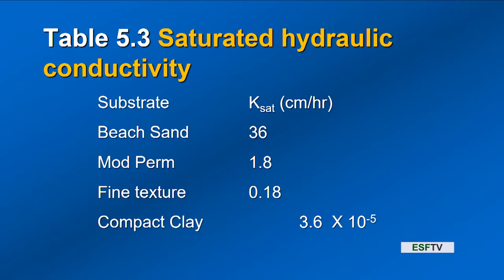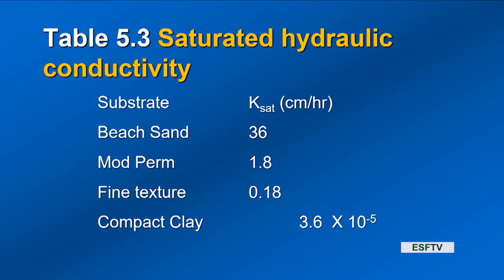In an hour, you can get 36 centimeters of flow through. For something of moderate permeability, maybe a loam soil, a sandy loam, it's almost an order of magnitude difference. And then we go to a fine texture, and yet another order of magnitude. And then if we go to a compact clay, we take some clays and actually make an effort to compact and increase the density. It's very, very small.